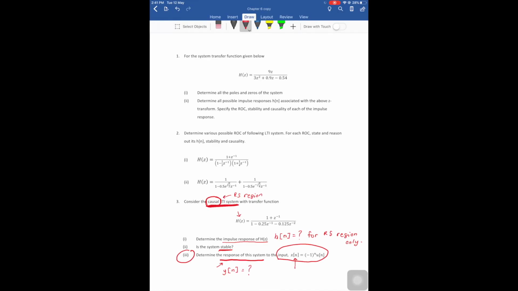For question number 3 part 3, you have to determine the response of the system, given x[n] equal to (-1)^n u[n]. Why u[n]? Because it's referring to right-sided region. Next, you have your H(z).